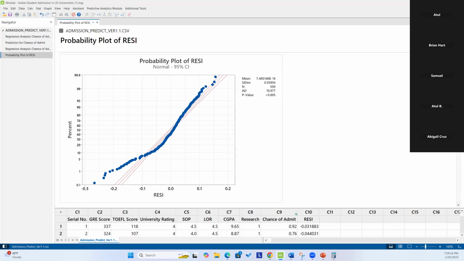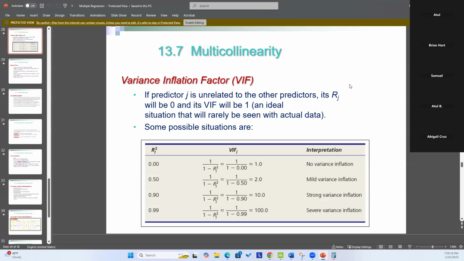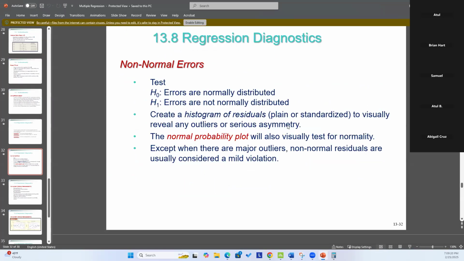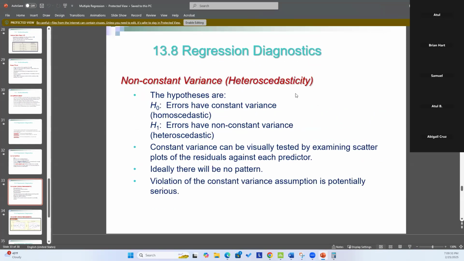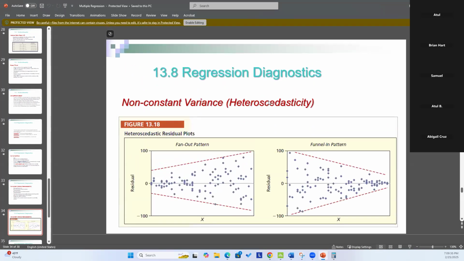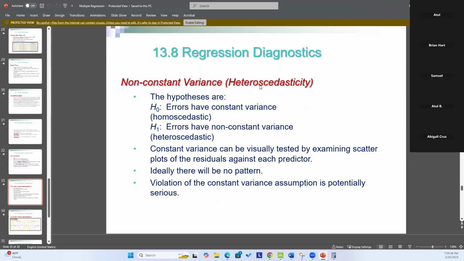Now, another important thing is called Durbin-Watson. So whether errors are normally distributed or not, a normal probability plot can be done, which we just did to check. Now we will come over here to non-constant variation or constant variation.